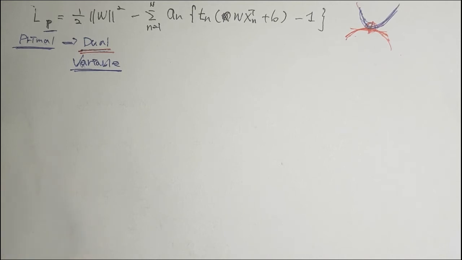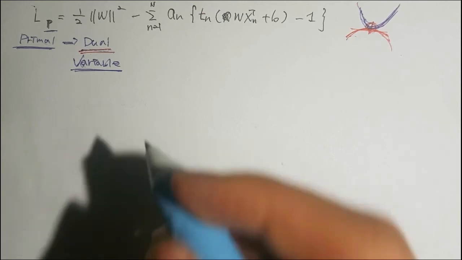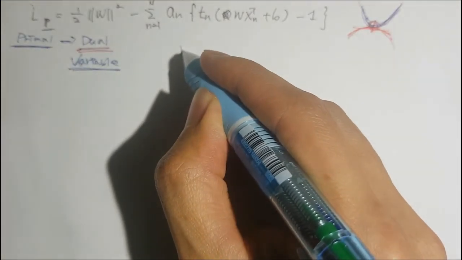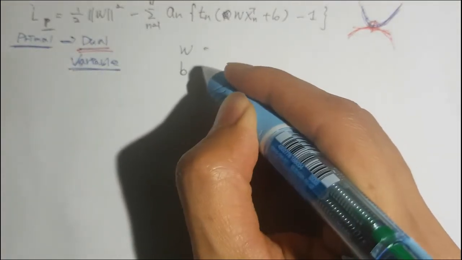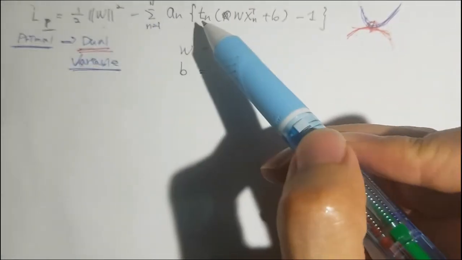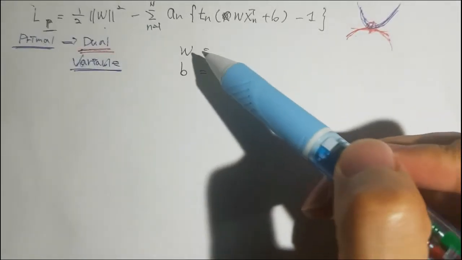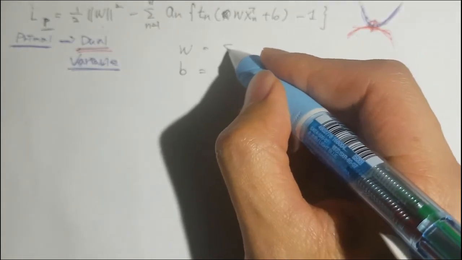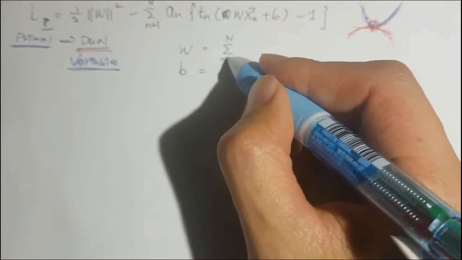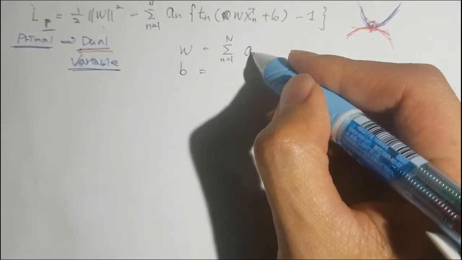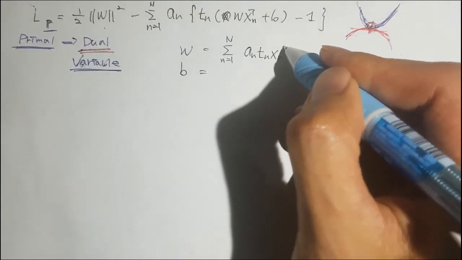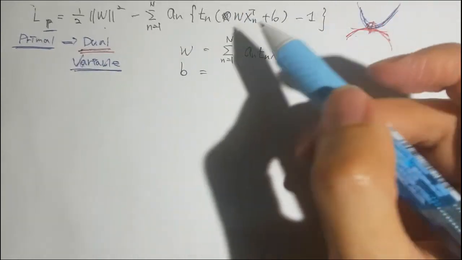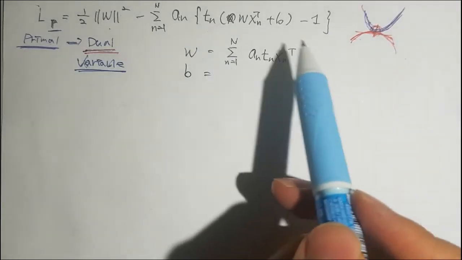So let me try. Right before, we calculated that W and B is some equation. When we differentiate this equation with W, then we could calculate it, because we have this term and this term will be the opposite.